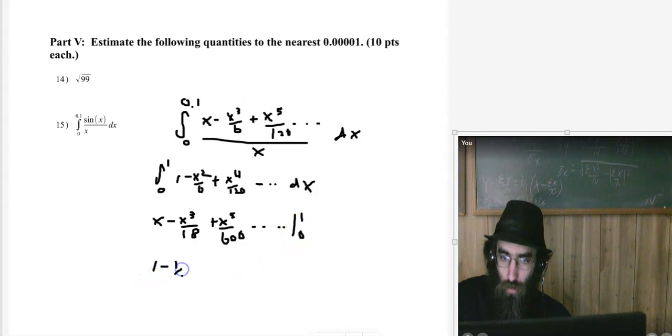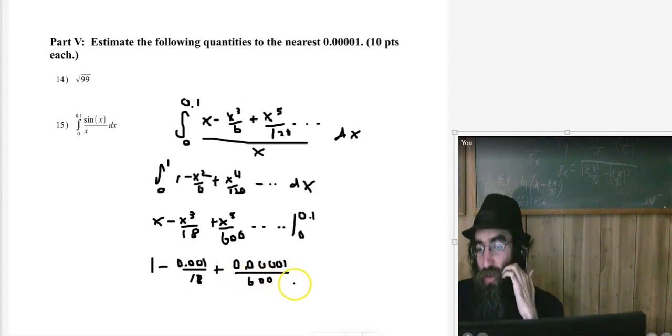1 minus 1/18. Sorry, between 0 and 0.1: 1 minus 0.001 over 18 plus 0.00001 over 600.